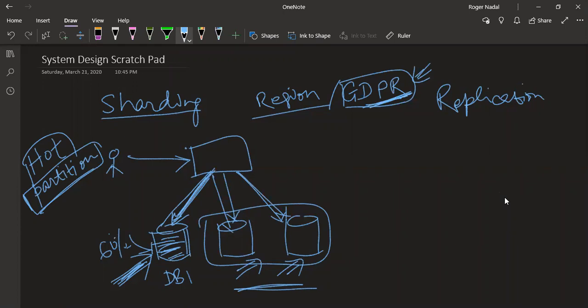But the problem with this approach is, how would you list things for a particular tenant, because now their data could be in many places? You may have a lot of cross partition queries to aggregate, because now you are making calls to each of these. So that is another approach you have to think about.